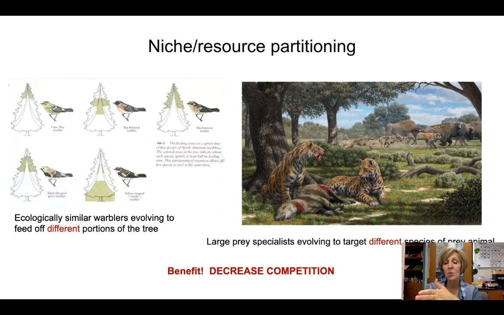And some large prey specialists are going to target different kinds of organisms, some big carnivores, to again partition the resources so that there is kind of more organization for everyone, and that ends up being able to maximize the number of organisms that can be successful in that particular habitat.